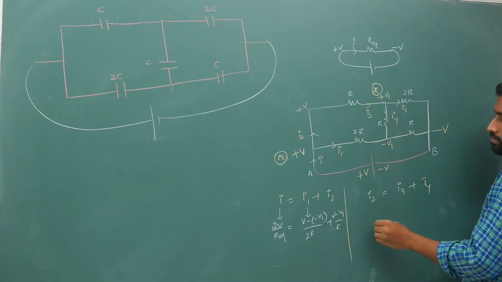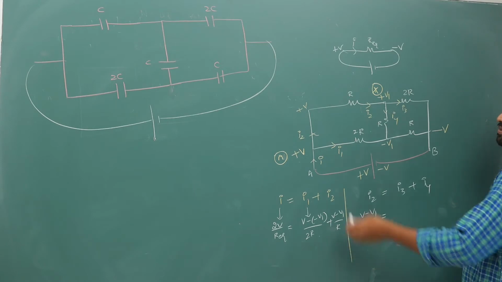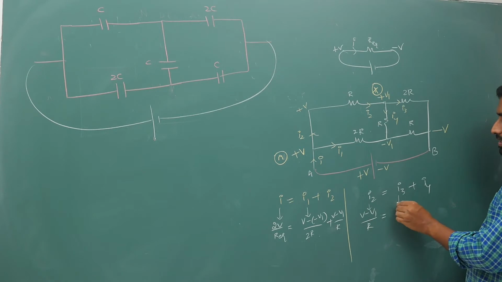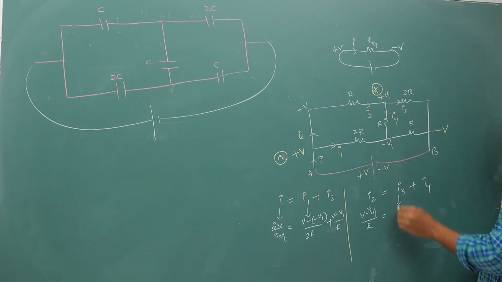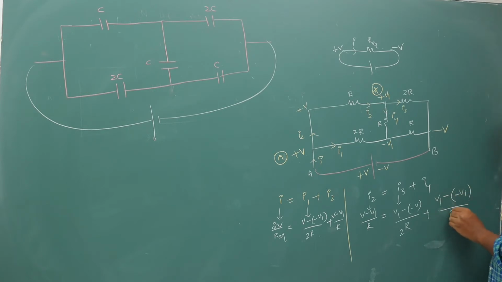I2 is V minus V1 by R, potential difference by resistance, Ohm's law. That is equal to I3, which is V1 minus of minus V by 2R, plus I4, which is V1 minus of minus V1 by R. So these are your currents.